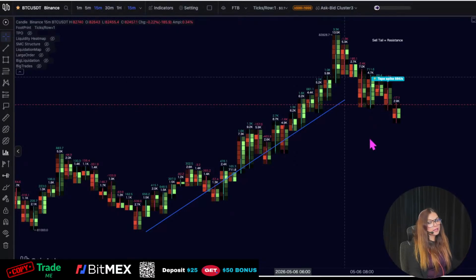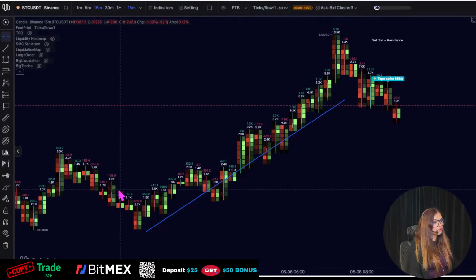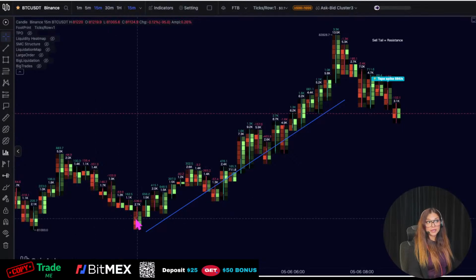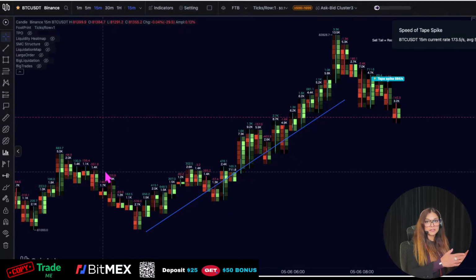Now here, for example, you have negative delta on a downtrend, a mini downtrend, but anyway. And here you can see there is negative delta, and so the effort is that the price is going down. So result and effort are in harmony.